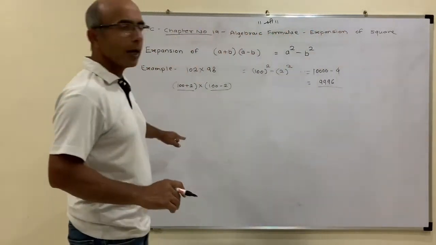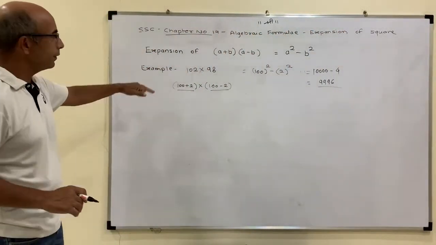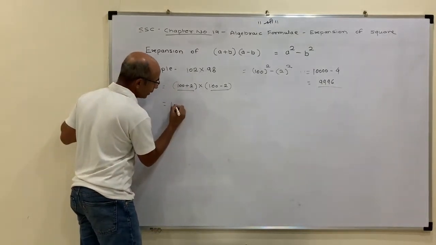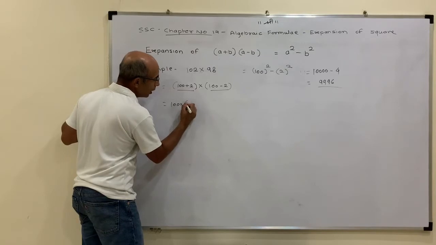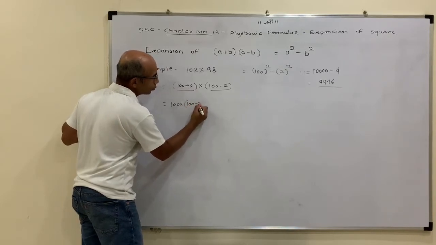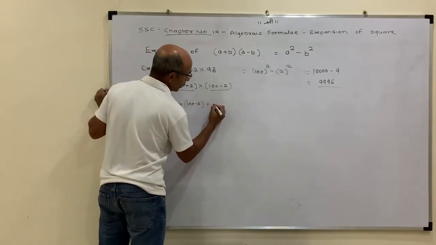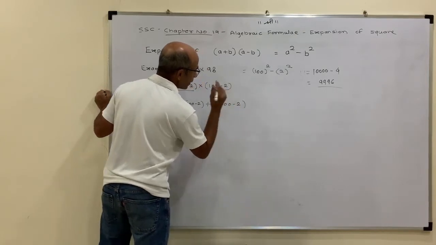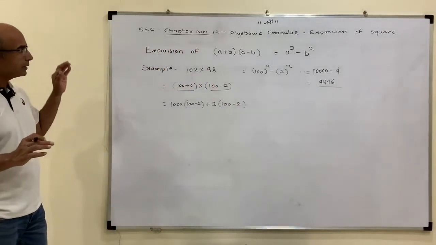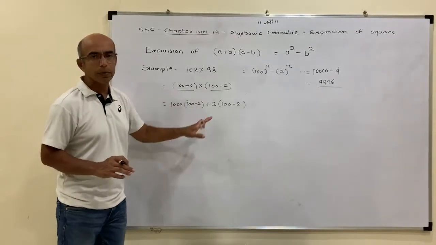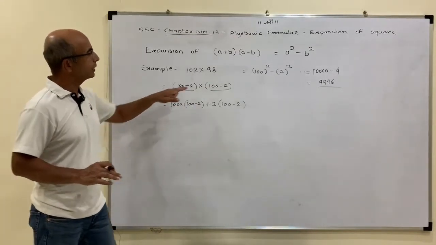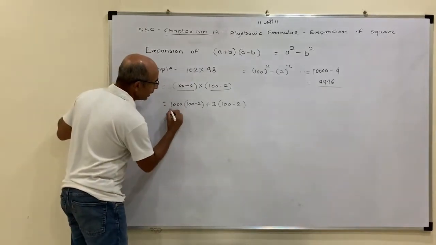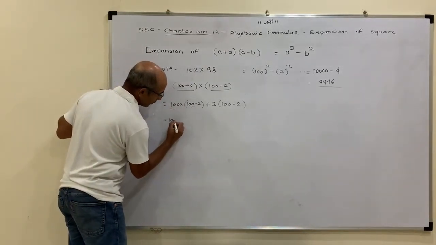Now we'll solve with the multiplicative method. So I will be doing 100 into (100 minus 2) plus 2 into (100 minus 2). Similarly, instead of a and b, we have numbers here. So as not to get confused, treat them as if they are a and b. Now 100 into 100 is 10,000.